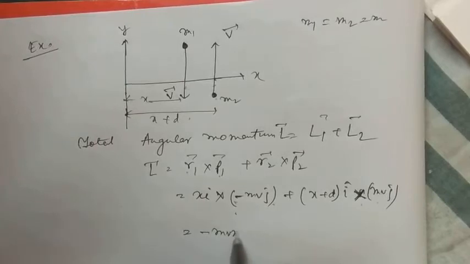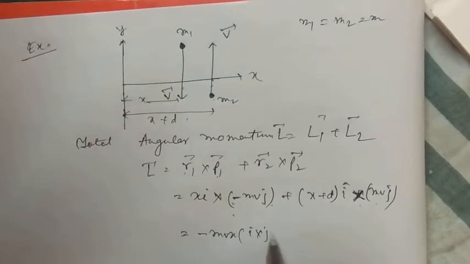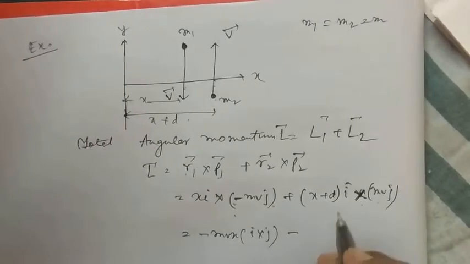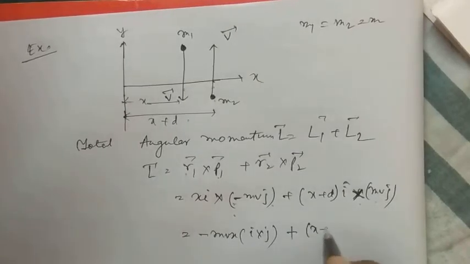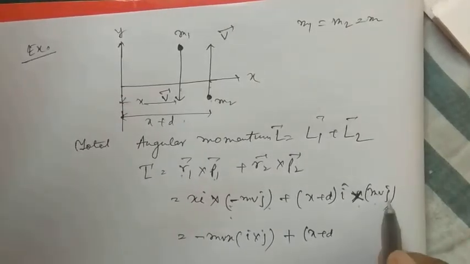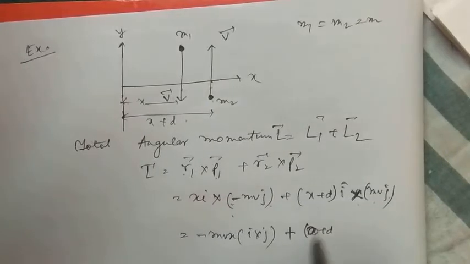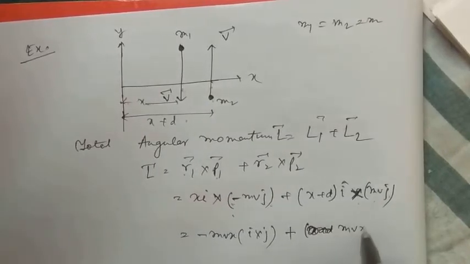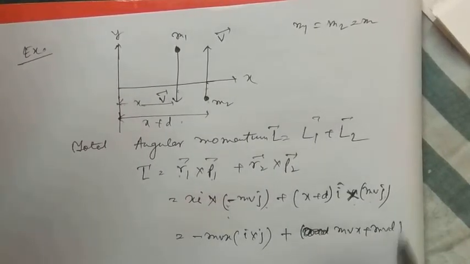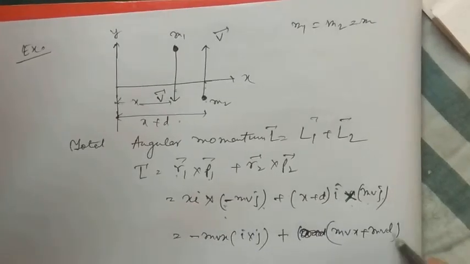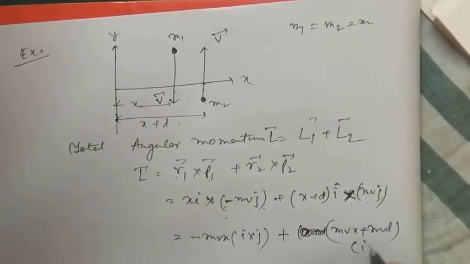Now by simplifying this, we get minus mvx i cross j plus (x plus d) multiplied by m, mvx plus mvd, which is also i cross j.